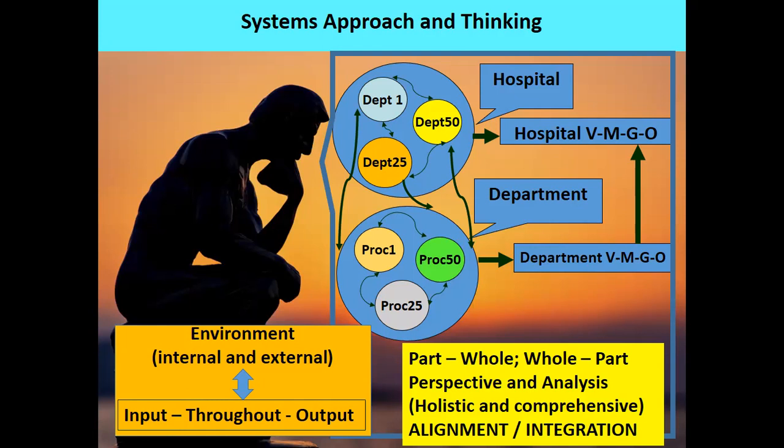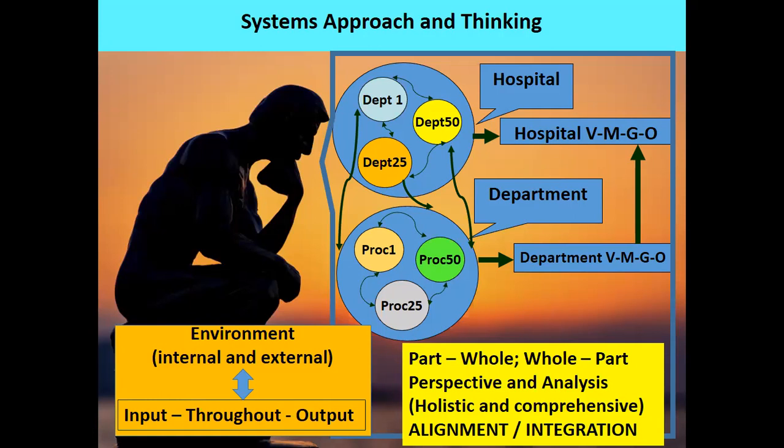So you can look at it as super system for the entire hospital, the department, subsystem, the interfacing departments will be the co-systems. Each department, example, Department 1, is also a system by itself with interrelated parts.